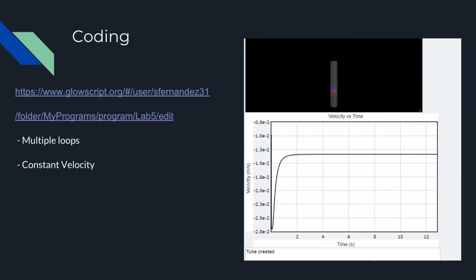So in order to model this, we did some coding in GlowScript. What we would model is we would use multiple loops representing the aluminum foil, each one with its own independent current. And then here in the image you can see in red and blue, that's representing the bar magnet falling through the aluminum foil.